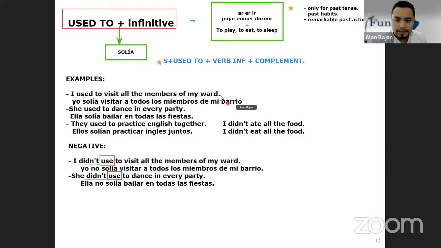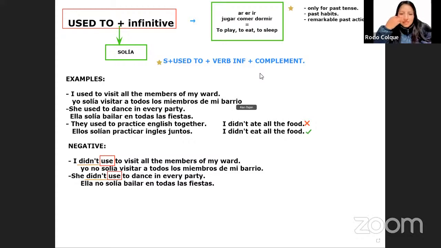In this case, we don't say I didn't ate all the food. Why? Because I have my auxiliary. We say I didn't eat all the food. It's the same with used to plus infinitive. It's simple past, only for simple past. Thank you, teacher.